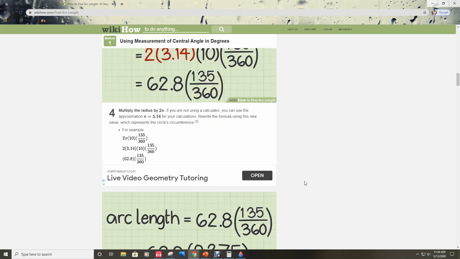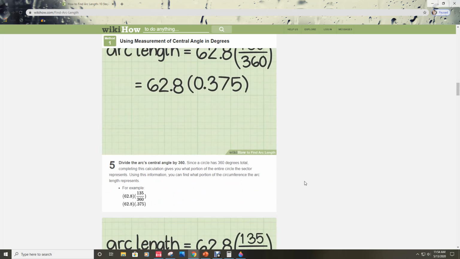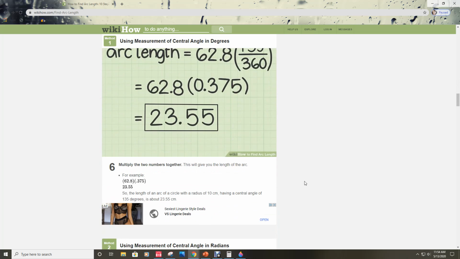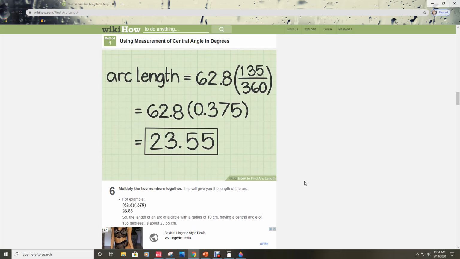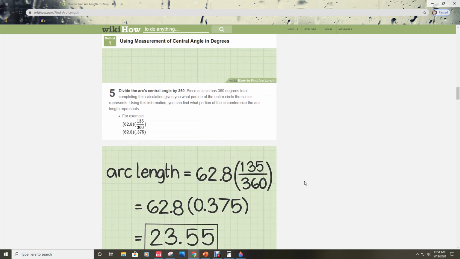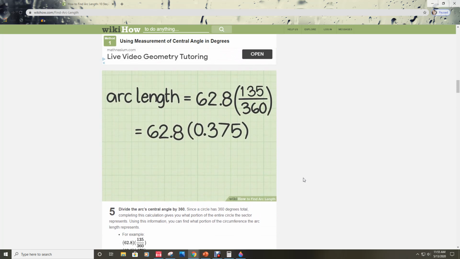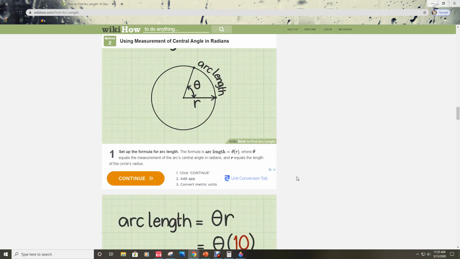Sorry, I'm reading. Because I noticed you have a different one: the length of the arc of a circle, radius of 10 centimeters. Okay, he did not have centimeters written in his thing, so I don't know where he got that centimeters from.